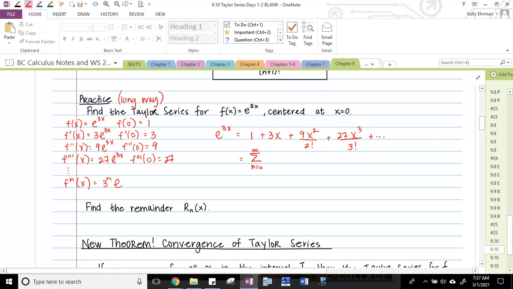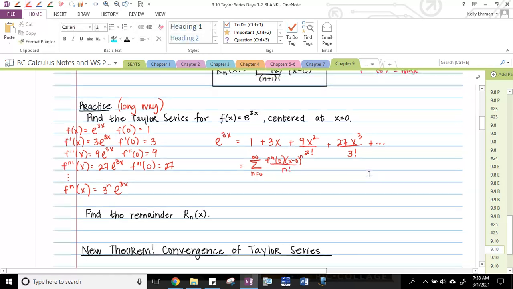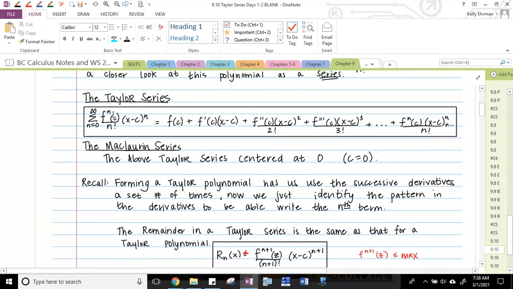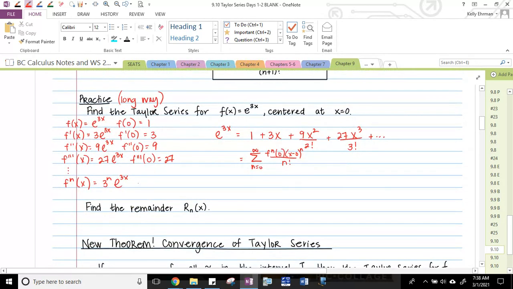And then we would have e to the 3x for our nth derivative. But in our Taylor polynomial, we're saying what is the nth derivative evaluated at the center times x minus the center to the n over n factorial. So we're just trying to figure out what is this nth derivative of f at c. The nth derivative of f at c is just 3 to the n, because if you put in a 0 for the x, you get 3 to the n times 1.